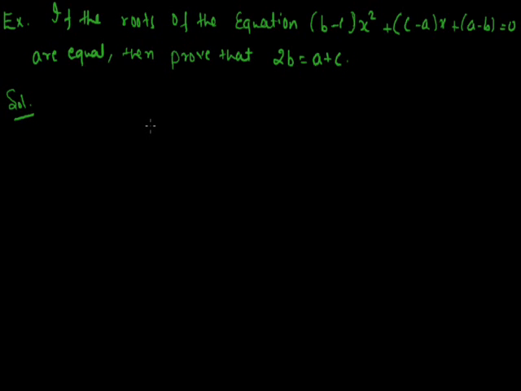Now it is given that the roots are real and equal. Equation is (b minus c) x square plus (c minus a) multiplied by x plus (a minus b) equal to 0.